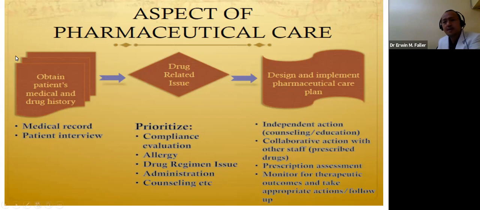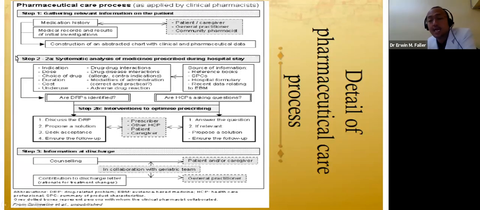As mentioned last time in part one of the medication review, it's all about the pharmaceutical care process, or PCP. In this PCP, I would like to stress that we develop this kind of relationship so that we can proceed to step number one, gathering relevant information from our client.